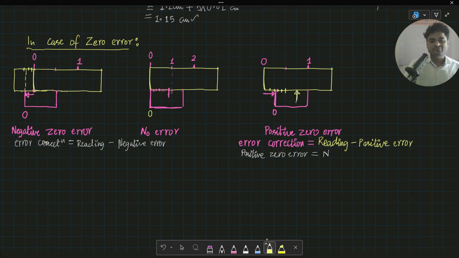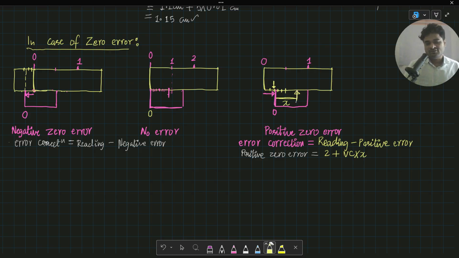In this case n indicates the value where our zero starts, from which number it starts. It starts from 2 onward, so n is equal to 2. Then we take the vernier count into x, where x is the number from 0 to where it aligns with the main scale. So this becomes the positive zero error.